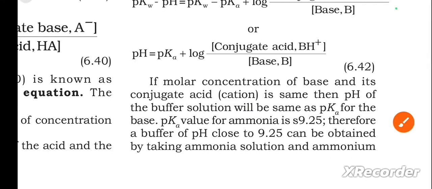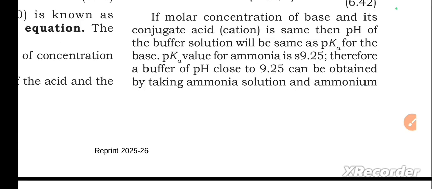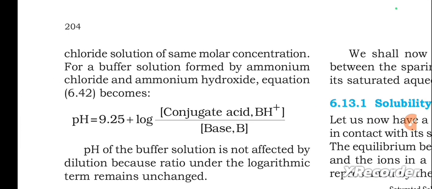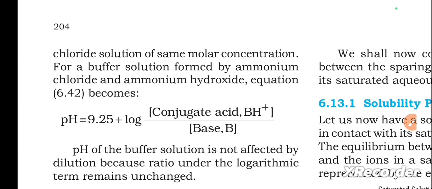If the molar concentration of base and its conjugate acid cation is the same, then the pH of the buffer solution will be the same as pKa for the base. The pKa value for ammonium is 9.25. Therefore, a buffer of pH close to 9.25 can be obtained by taking ammonia solution and ammonium chloride solution of the same molar concentration.